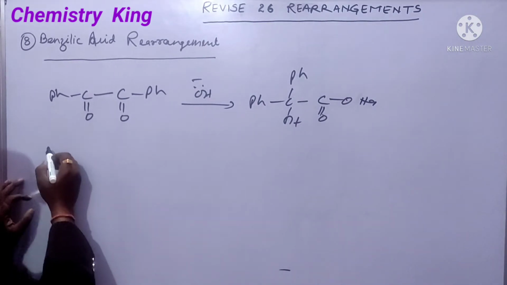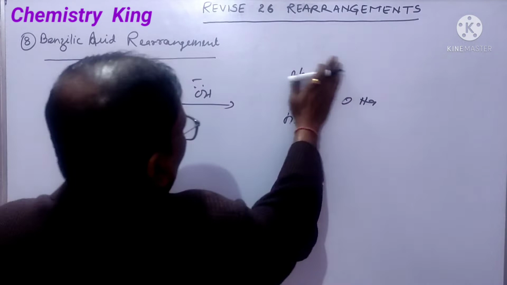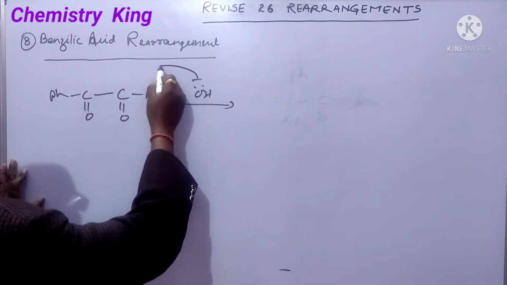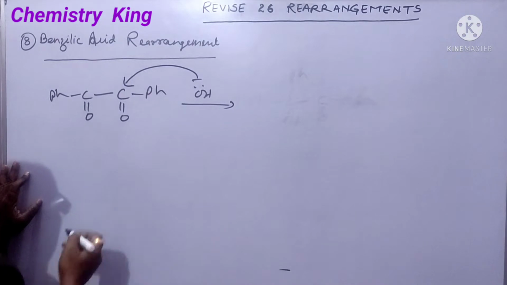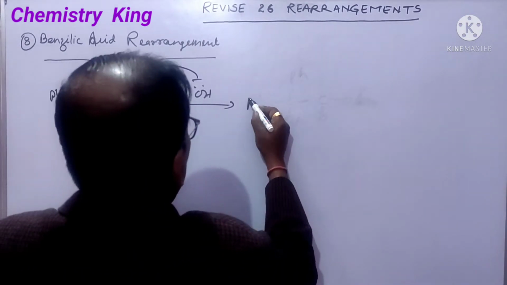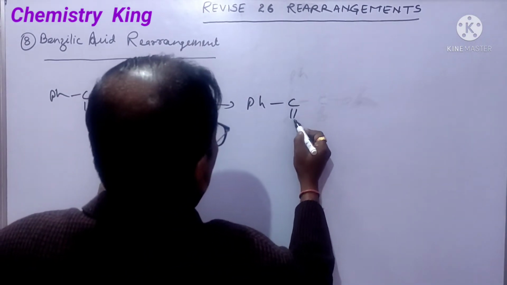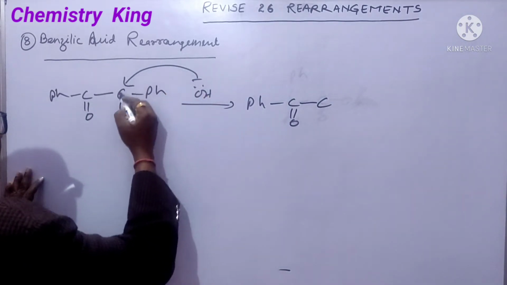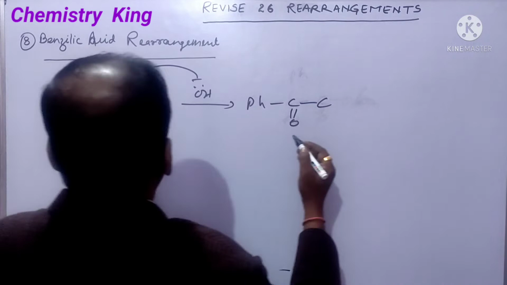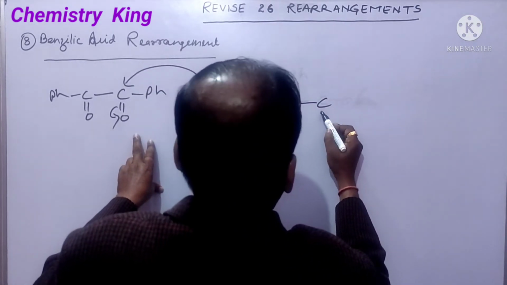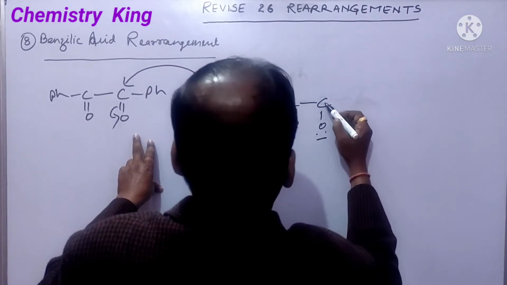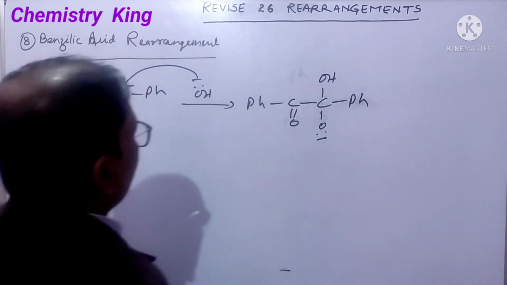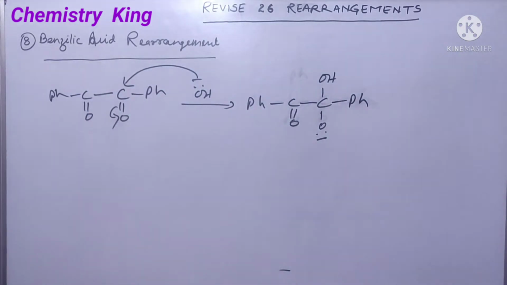Now let us see its mechanism. What will happen? Suppose this nucleophile is attacking in this fashion, Ph, C double bond O, C. When it attacks in this fashion, then this bond will break, giving O minus, OH, Ph.